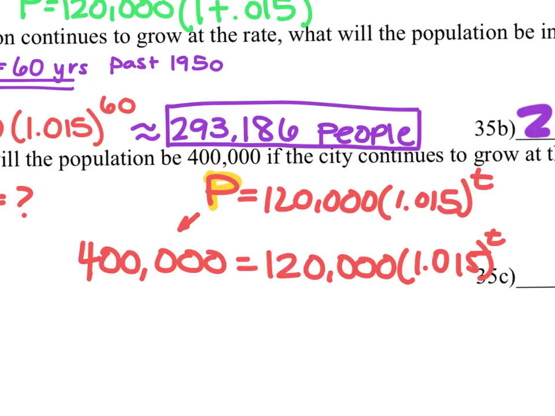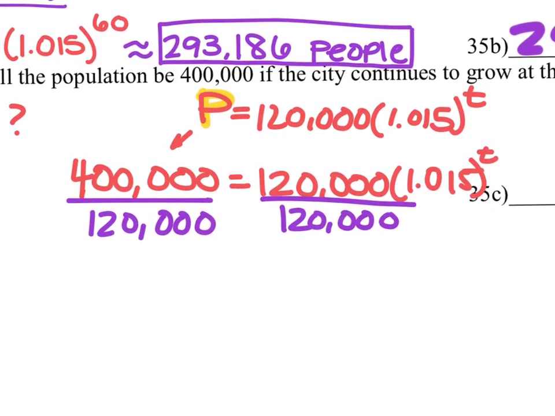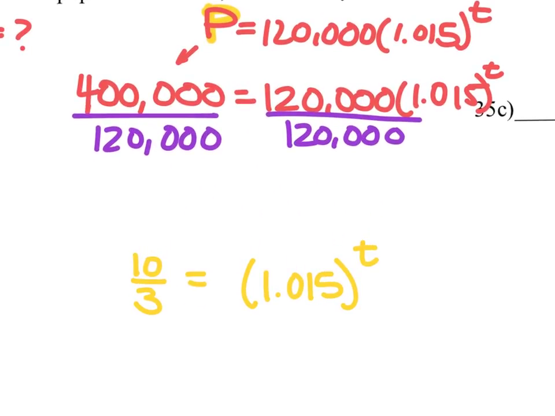Okay, guys, so the first thing to solve is to divide both sides by this 120,000. And that comes out to be, I'm going to leave it as a fraction, so it's 10/3 equals 1.015 to the t. Now, since t is in the exponent, the only way to solve this is to natural log both sides.